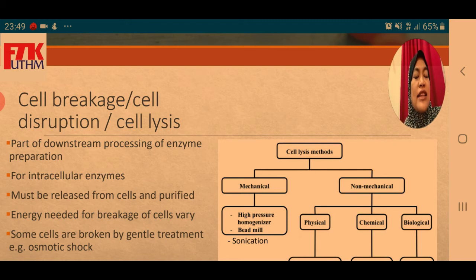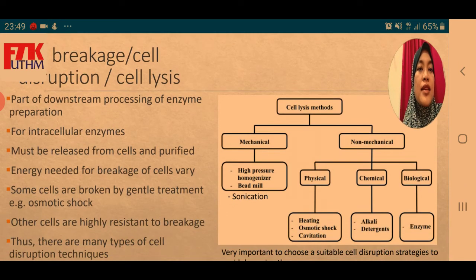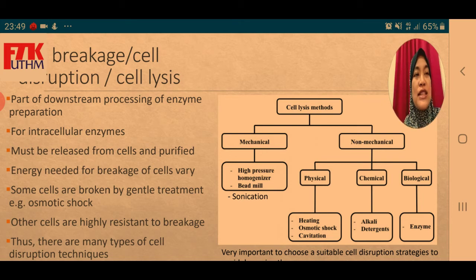So the energy needed for the cell breakage varies. Some cells are sensitive to gentle treatment, for example the osmotic shock. So what are the examples?